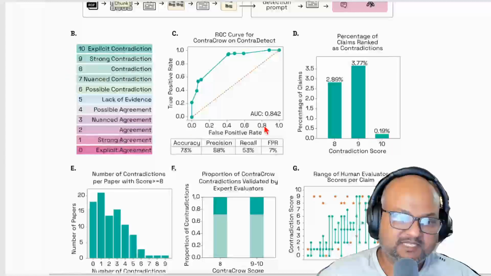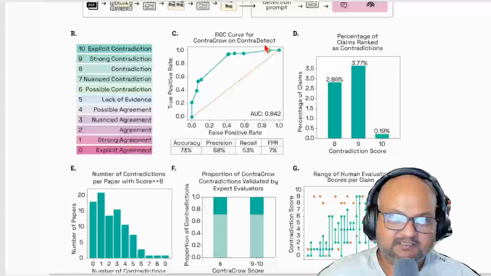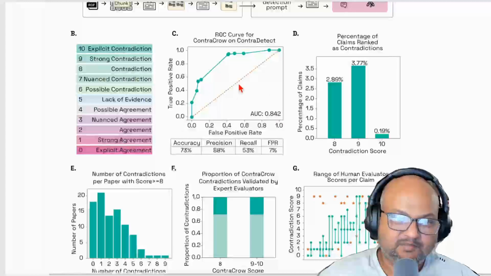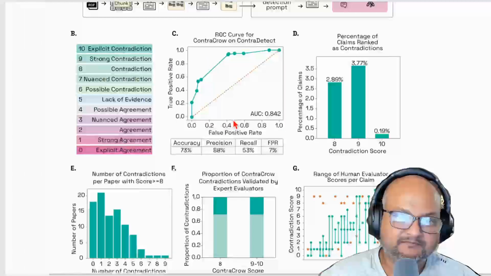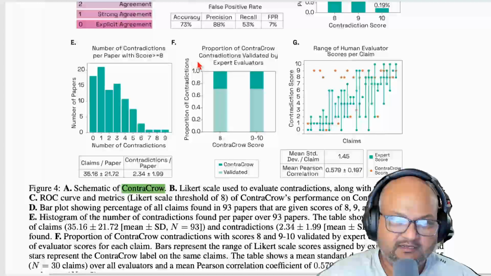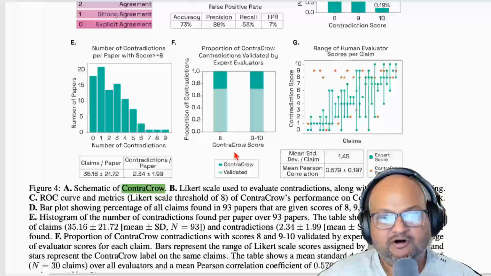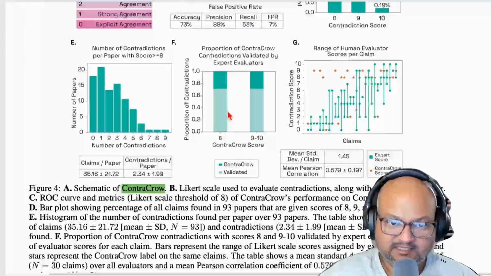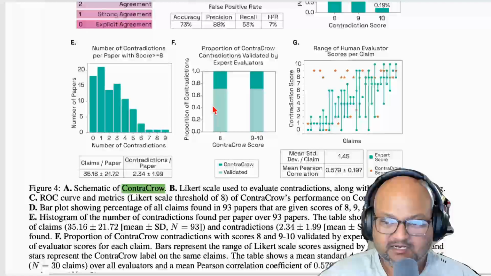And the system they have achieves an AUC of 0.8, which is to say it has both pretty high precision and high recall. Now, this graph over here tells you of all the contradictions that the system found, how many did human evaluators agree with?